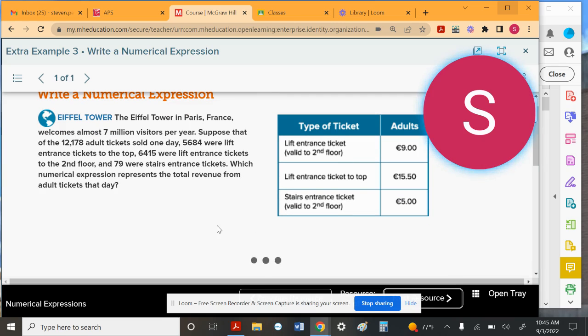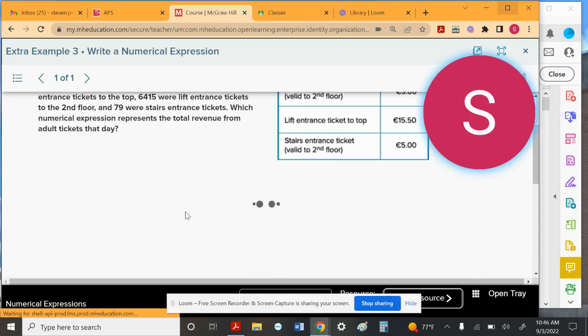So then you want to find out what's the total revenue in a day. Well, it's going to be 9 times the number of these tickets that we have, which is 6,415. Our entrance to the top was $15.50. It's going to multiply by this number, and $5 is going to be multiplied by 79 to get our total.